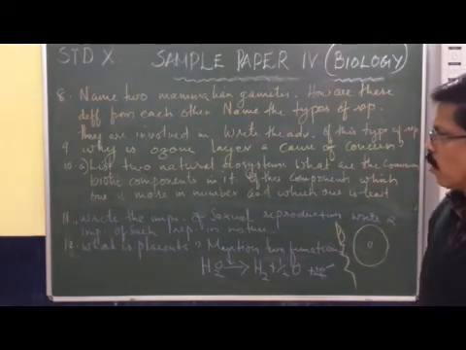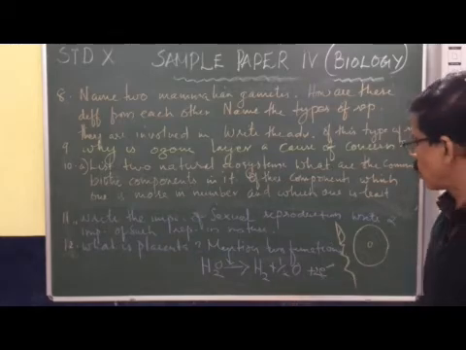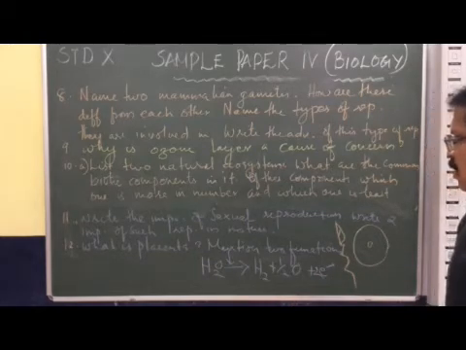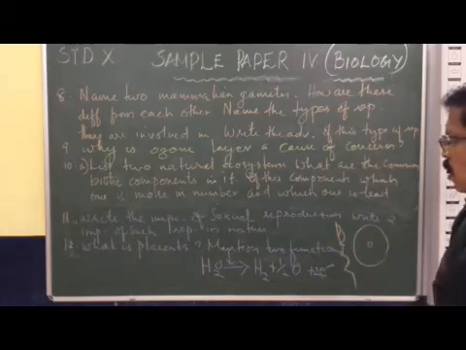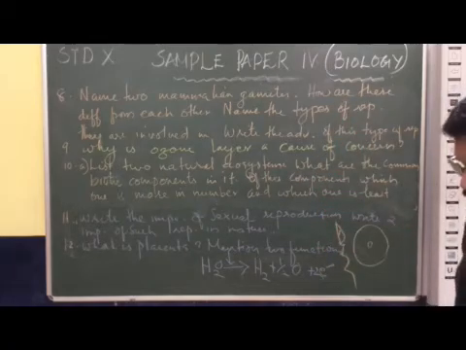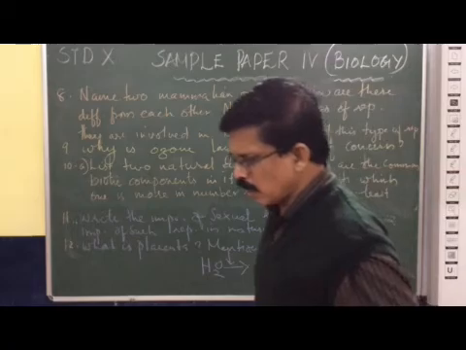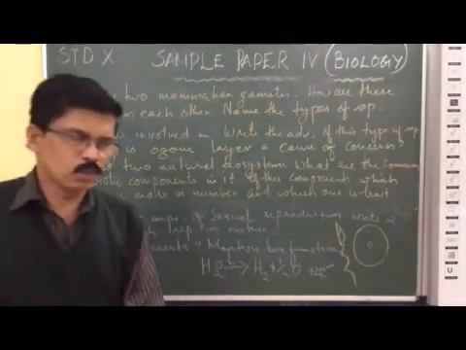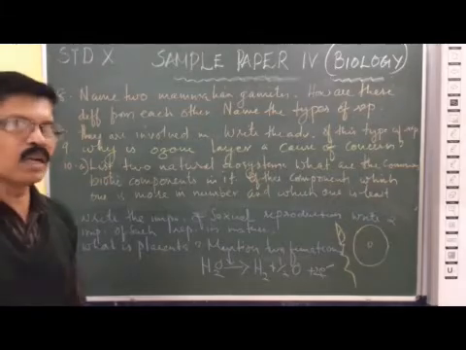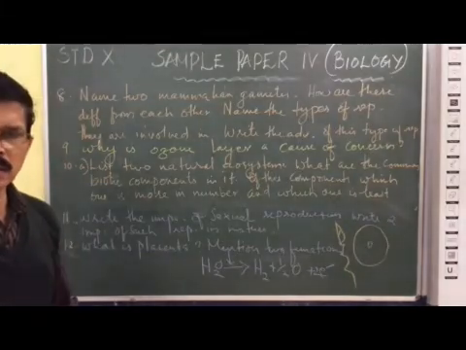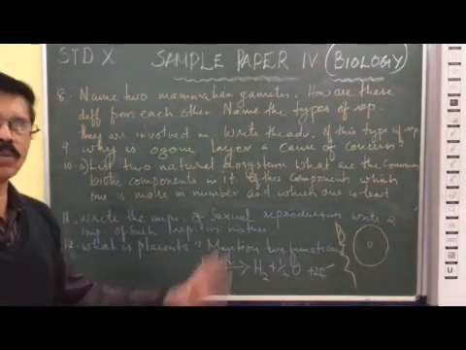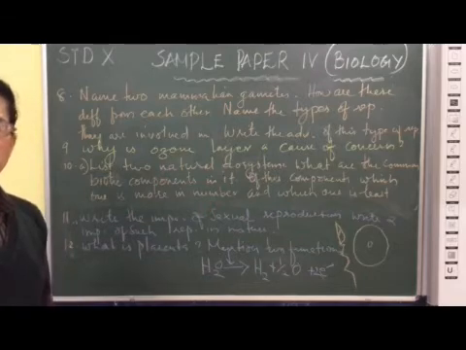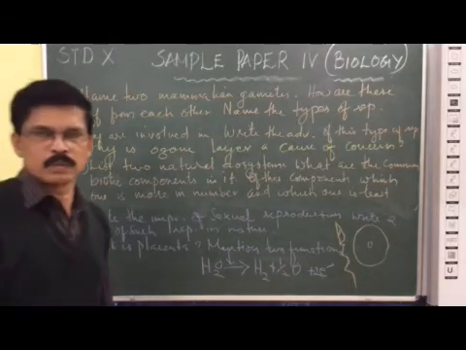Now 11th question: write the importance of sexual reproduction and its importance in nature. I have already discussed it. The importance of sexual reproduction is that it involves the fusion of the male and female gamete. The male gamete and female gamete separately carry the DNA or genetic material from two individuals, and they recombine, and the recombination results in variation in offspring.